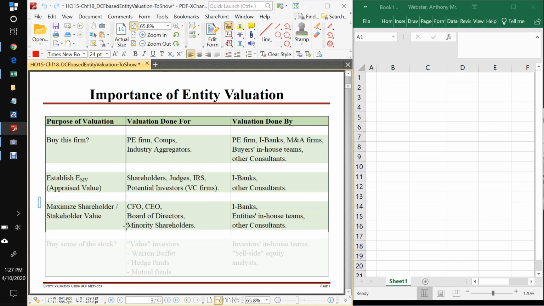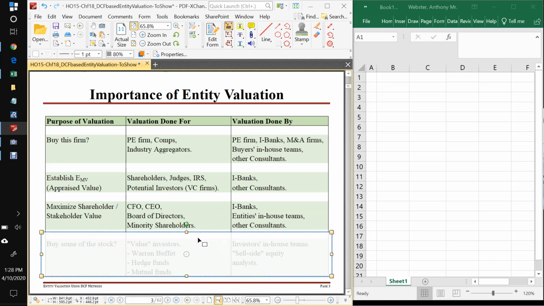Might also be done by a group of minority shareholders who feel like a given firm isn't run as well as it could be, and if the firm were changed around a bit, its value would go up. So again, this type of work could be done by in-house teams, like the CFO's team, by investment banks who might be doing this for minority shareholders or for the board of directors, and other consultants.